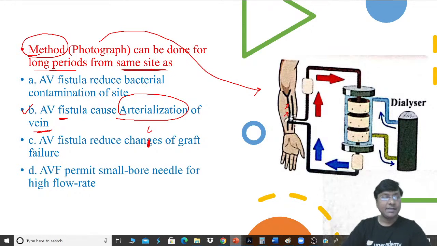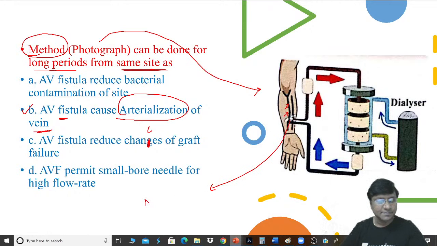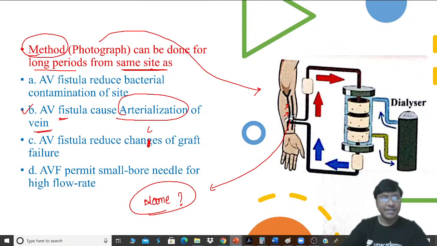And you should know the name of this fistula. Can anyone tell me the name of the fistula? Any one of you?